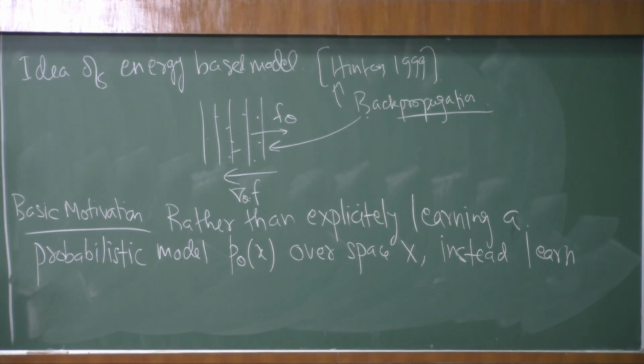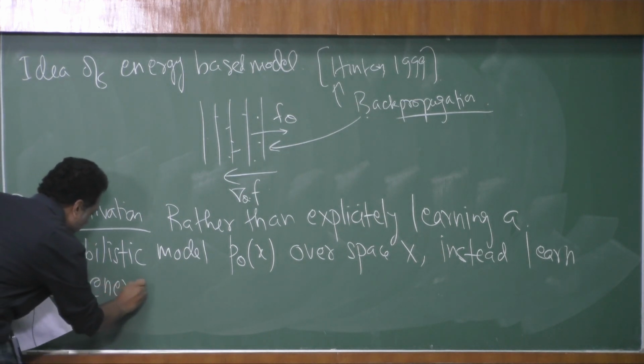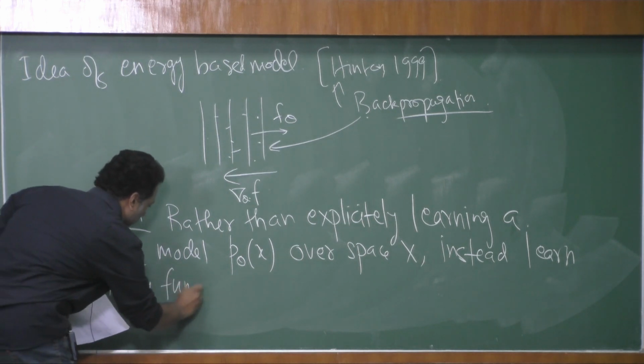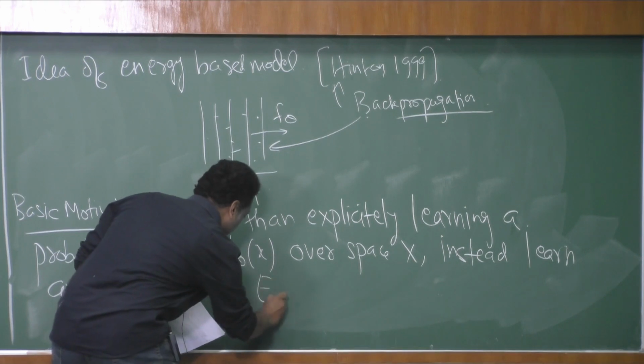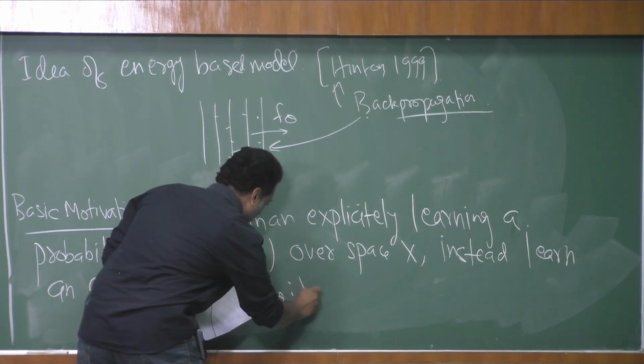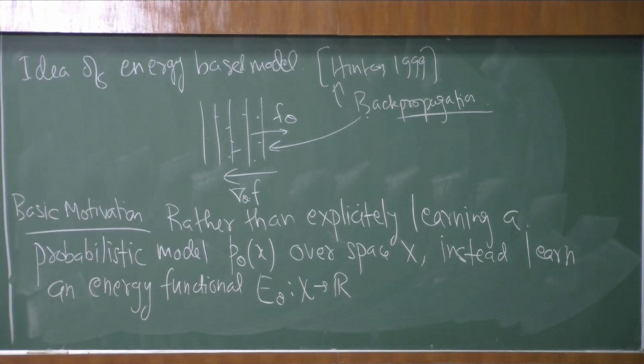So learn an energy functional, let us say denoted by E theta, that goes from x to R, so it's real valued. And once I learn this, then I may use this to estimate the probability model p theta.